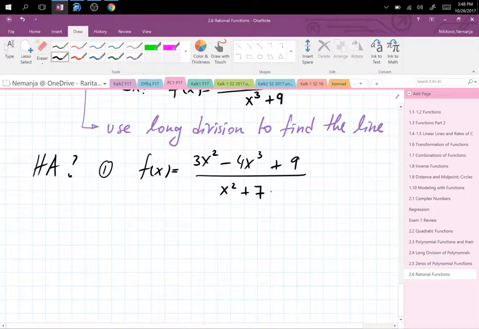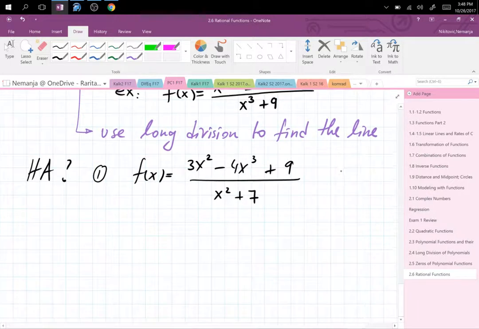So if you take a look at the leading terms, I tried to hide the leading term in the middle because I'm a terrible person. But you picked up on it, which is great. You know that the leading term is the one with the highest exponent, no matter which position it takes in the polynomial. So you see that the degree on top is 3, and the degree on the bottom is 2.